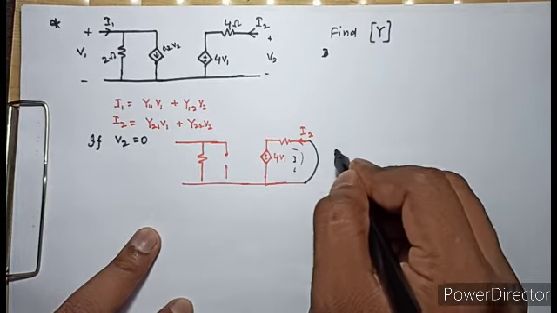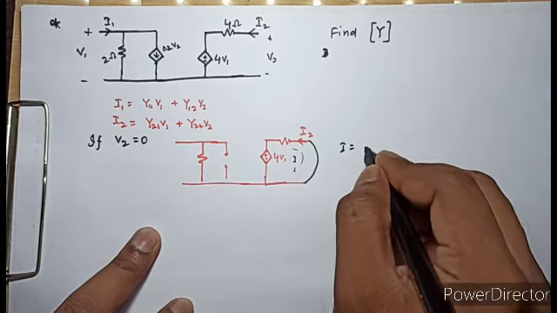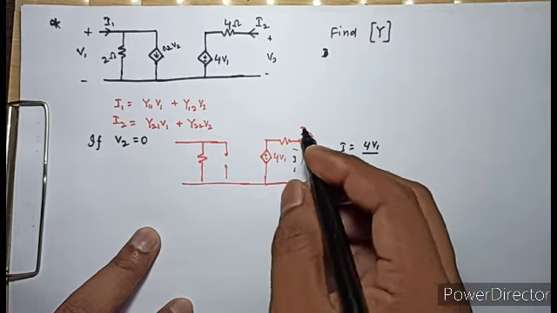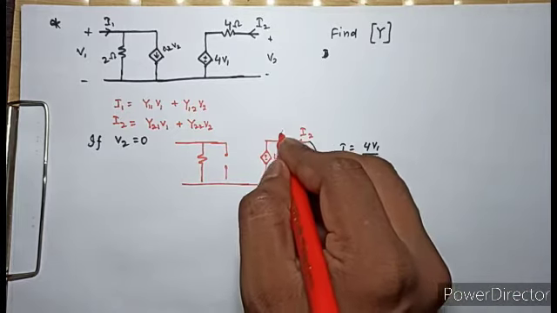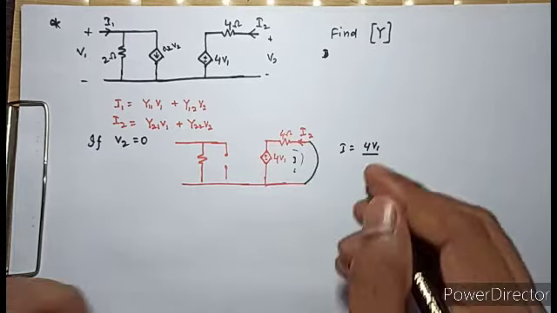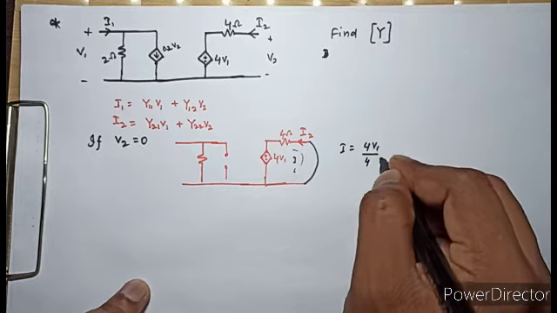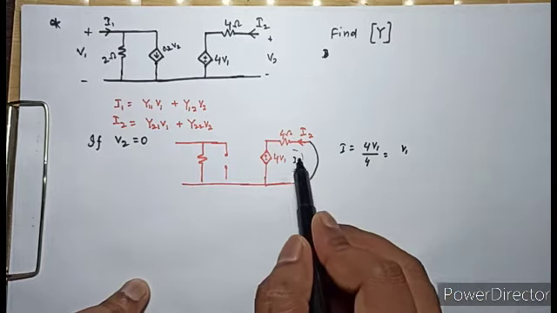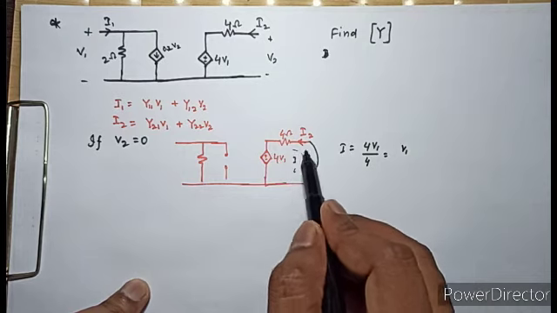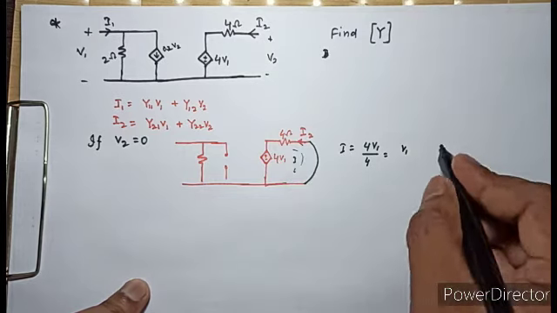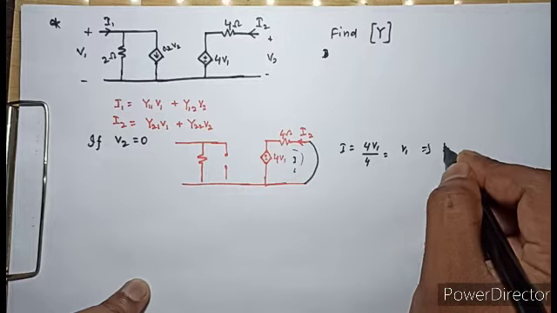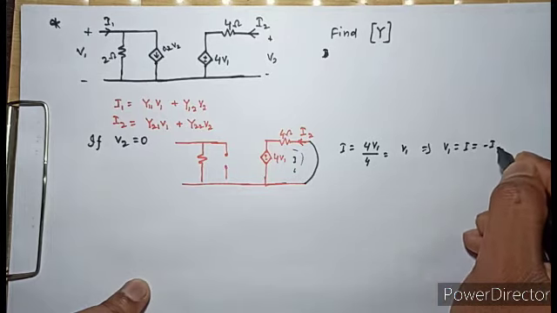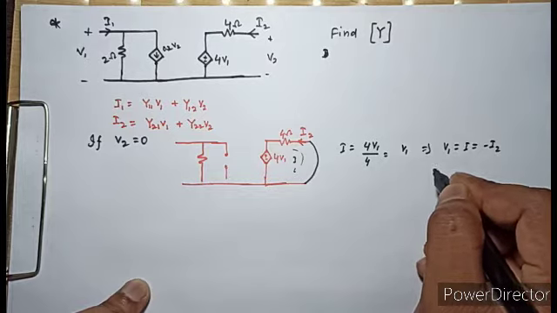And this current I will be what? 4V1 by, this is 4 ohm, 4V1 by 4, which is nothing but V1. And since this I is nothing but minus I2, so V1 is equal to I, which is nothing but minus I2, isn't it?